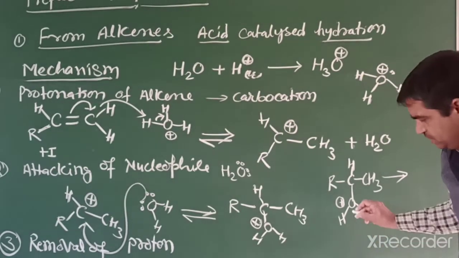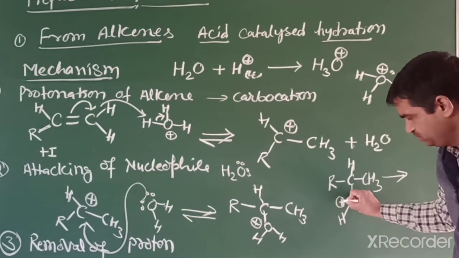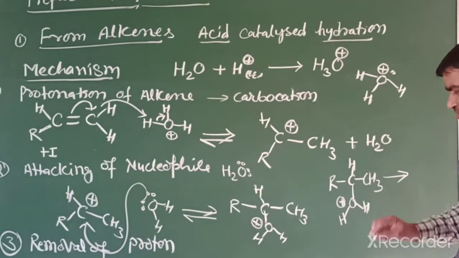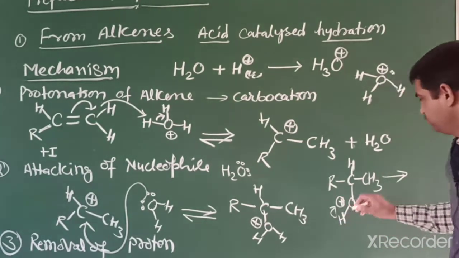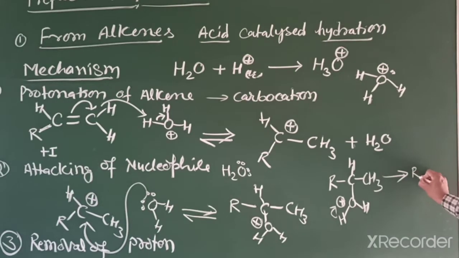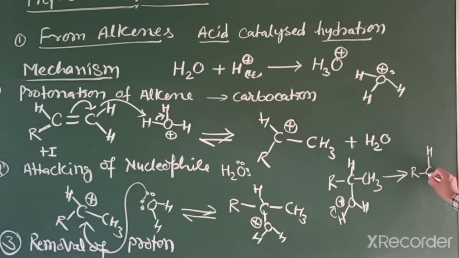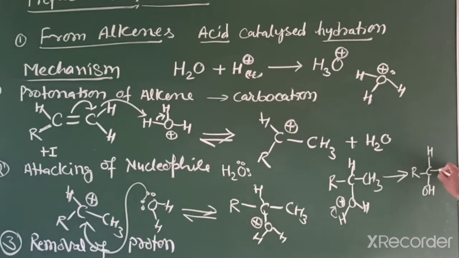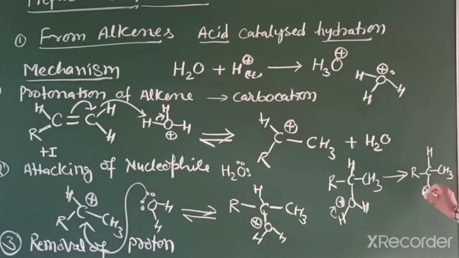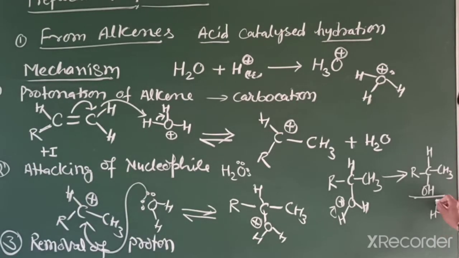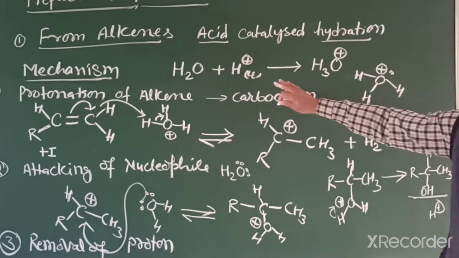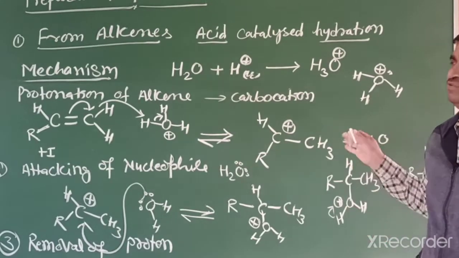Removal of proton, because this oxygen has a positive charge, it is an electron deficient system, so it removes a proton and we get alcohol. We find this type of alcohol, and again this H plus reacts with water, and this reaction goes on continuously.